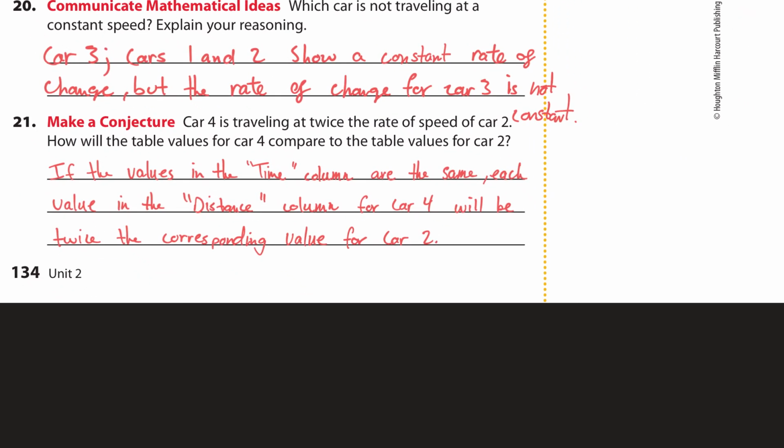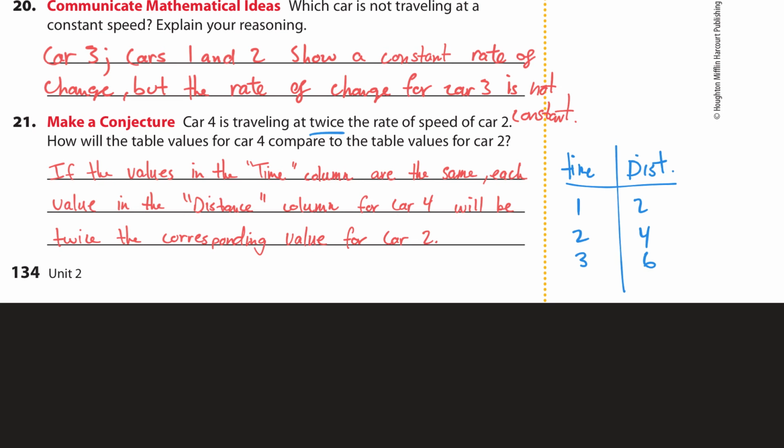If you have time and distance, for car 4 traveling twice the speed, then if you have one unit of time, the distance would be twice. Twice would be 2, 2 would be 4, 3 would be 6.